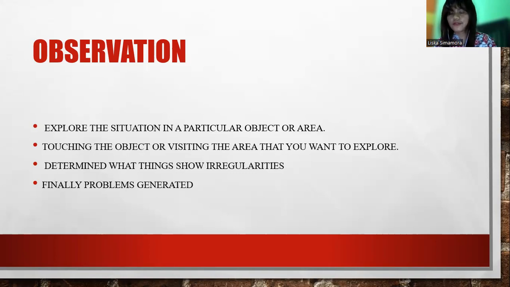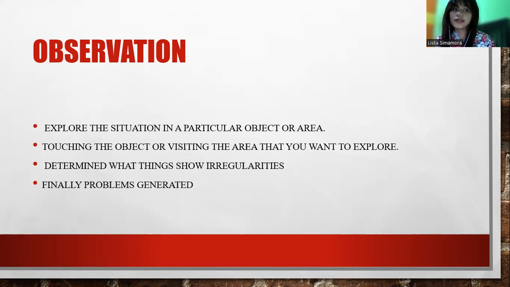So we can give a comment about the taste of the juice. Or maybe we can see the packaging is not practical to open. So we gather some problems when we touch that object.